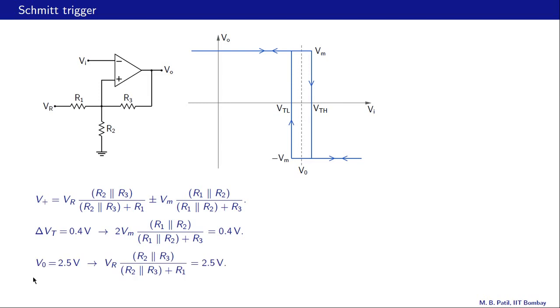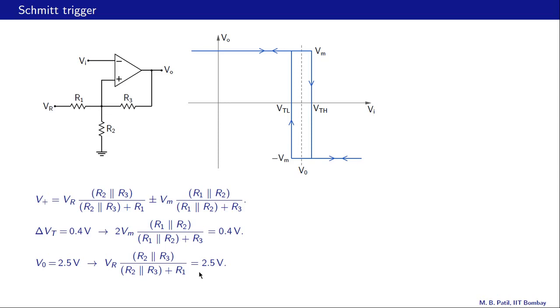The second specification is that V0 should be equal to 2.5 volts. What is V0? It is nothing but VTL plus VTH divided by 2, and when we add VTL and VTH, this second term drops out, because in VTL we have a minus sign here, and in VTH we have a plus sign here. So what we get then is VR times R2 parallel R3 divided by R2 parallel R3 plus R1 equal to 2.5 volts.